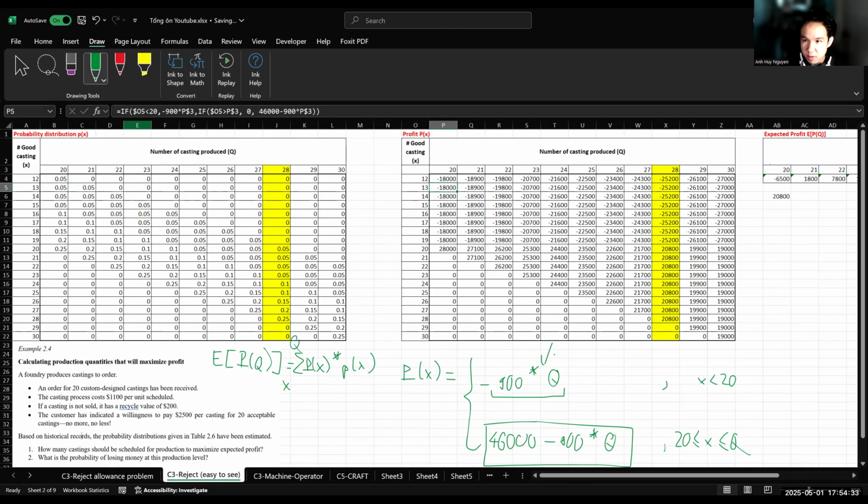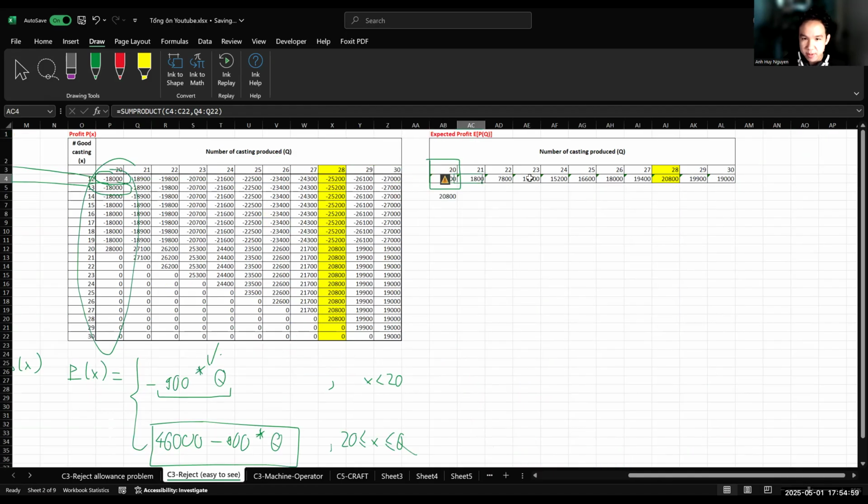So for example, for 20 casting, we will multiply the probability of producing 12 good casting with the profit, this with this, then this with this, and again and again, and we sum them all up, and we receive this number, minus 6,500, okay? And we do the same thing for these guys.